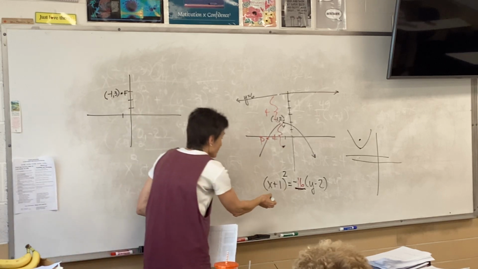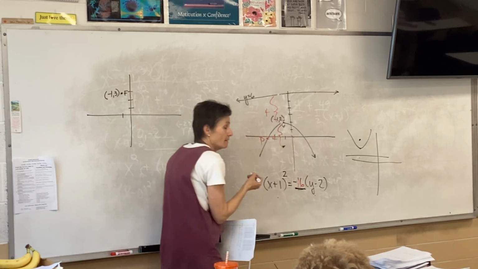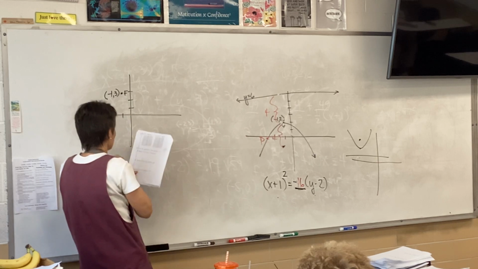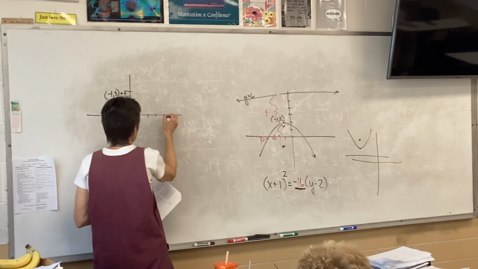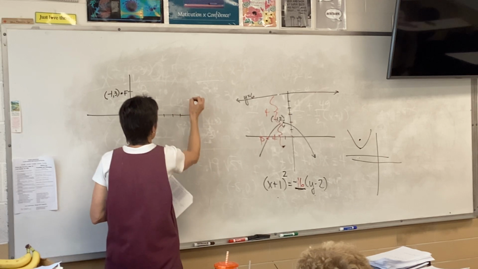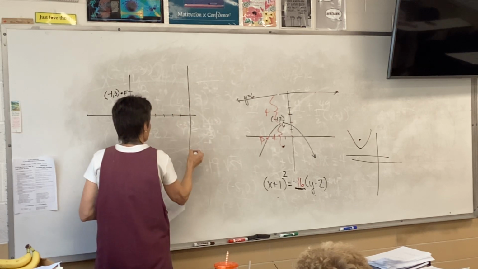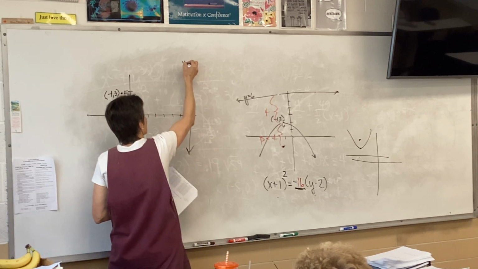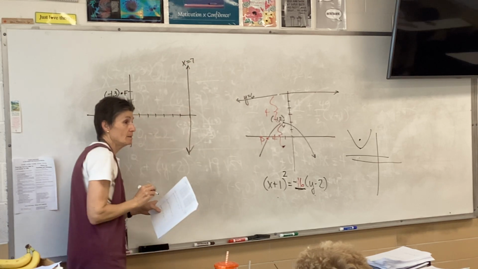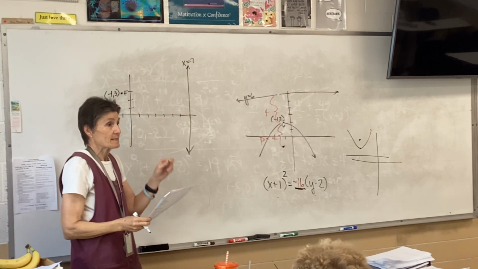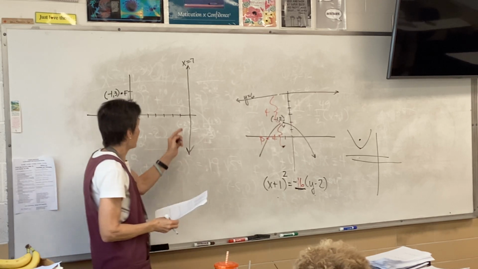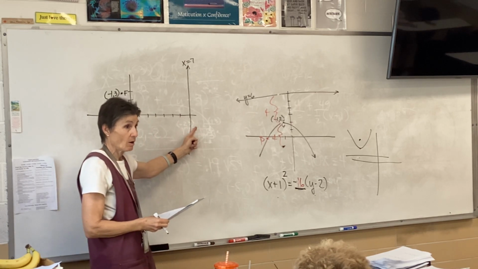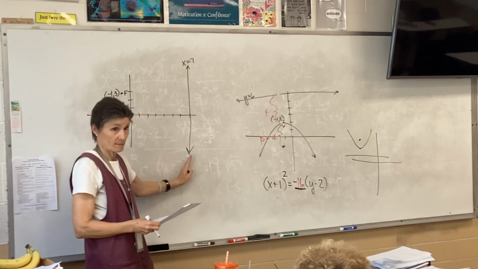The vertex is what we put in the parentheses. That's not it. That's the focus. And the directrix is 1, 2, 3, 4, 5, 6, 7. There's my directrix. Now it's x equals 7. So I count out to 7 on the x-axis and draw it. There it is. X equals 7.